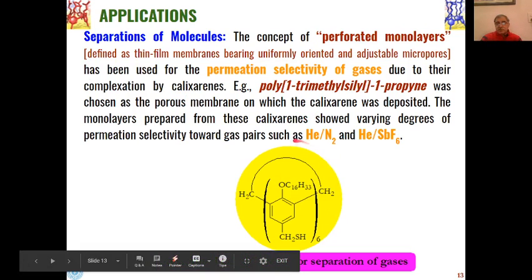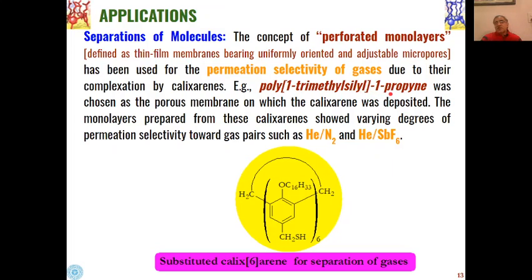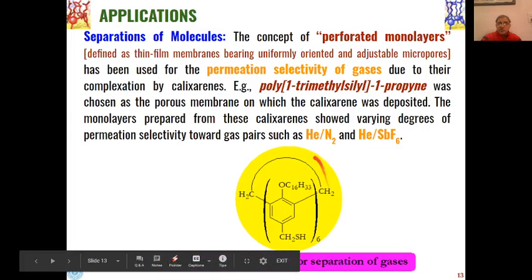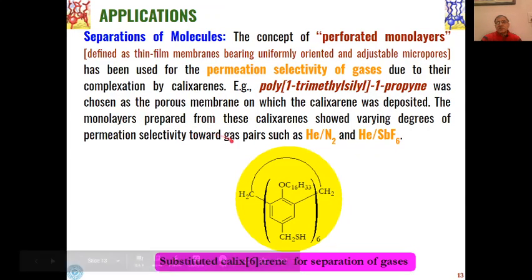For example, this poly(1-trimethylsilyl-1-propyne) derivative is used as the porous membrane on which this calixarene is deposited, and then these monolayers, which are prepared by combination of this porous membrane with the calixarene, showed varying degrees of permeation towards pairs of gases such as helium and nitrogen, or helium and sulfur hexafluoride.